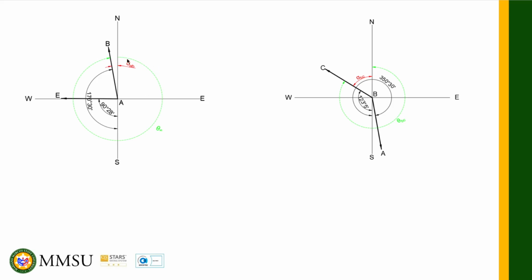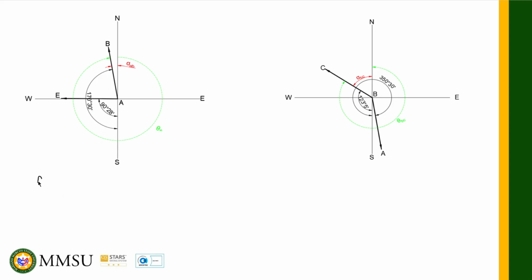Given this figure, let us first solve for the bearing, alpha AB. We know that this whole thing, from the south until the end of the line, is 170 degrees 30 minutes. And we know that the full straight line is 180 degrees. So basically, to solve for this small angle alpha AB, we just subtract 170 degrees 30 minutes from 180 degrees.